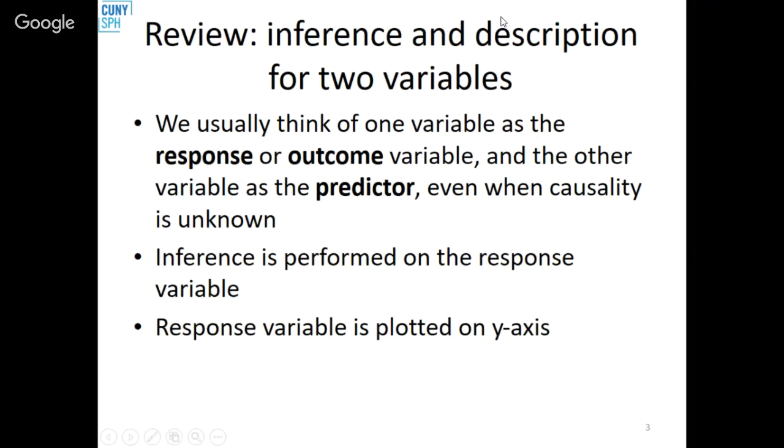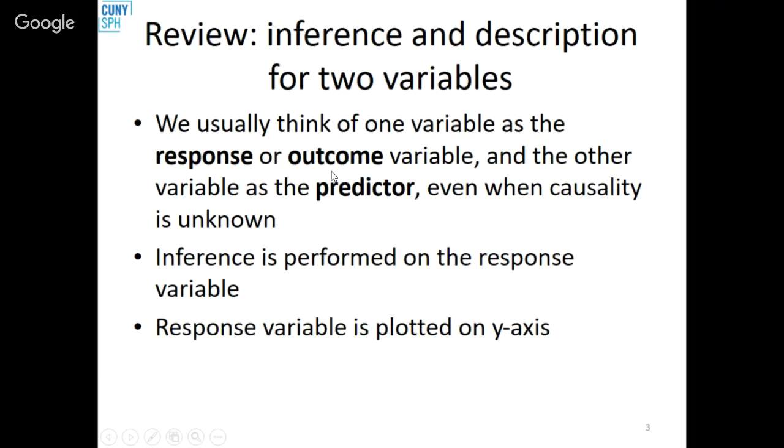Just to do a quick review, the methods of inference that we have learned have been for two variables, and both descriptive methods and inferential methods. We thought of one variable as the response or outcome variable, and one as the predictor.